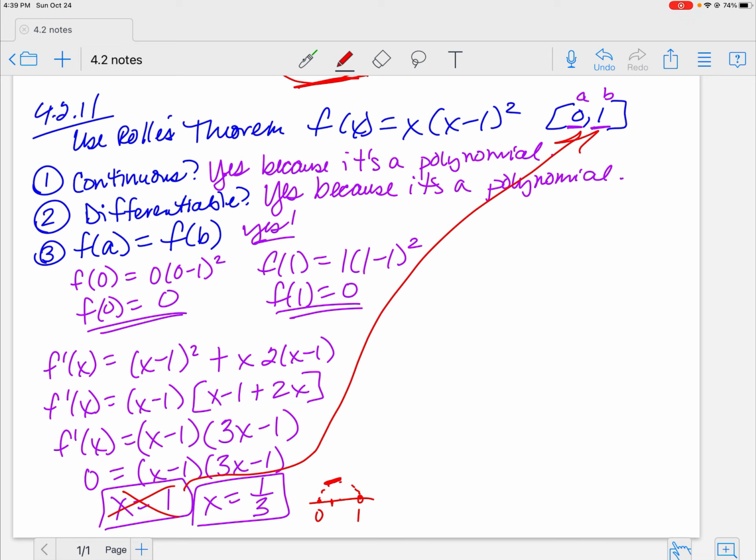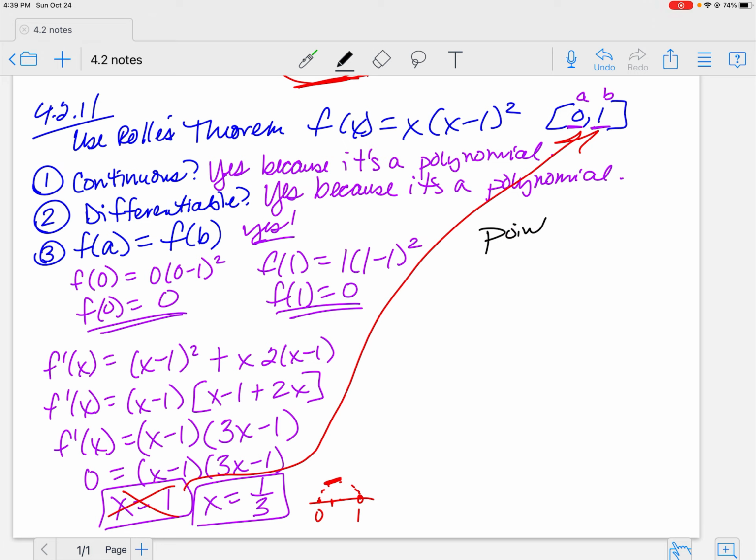All right. Okay. So this says use Rolle's theorem. So I know that my x value here is going to be 1/3. It says find a point on that. I don't know if they're going to actually have you find a point or not, but let's go ahead and do it here for this one just to make sure that we're on the up and up with it. Usually they just want you to find the x value where that's going to happen, but just in case.